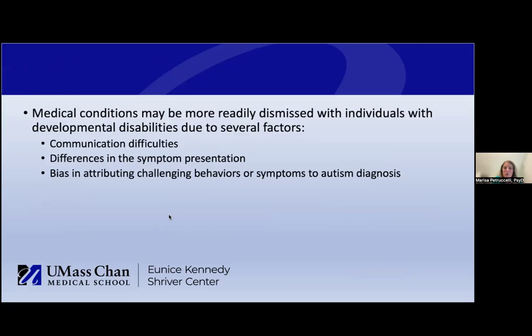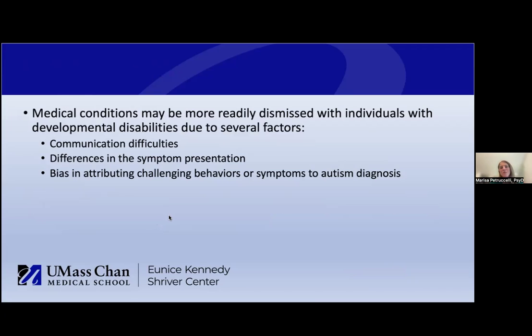So this will be important to understand and consider in treating individuals on the spectrum. And why is this important? Because obviously, or maybe not obviously, medical conditions can be really easily dismissed in individuals with developmental disabilities when they can't communicate some of the challenges they might be having. They might be presenting differently than another child might be presenting with the same underlying comorbidities.